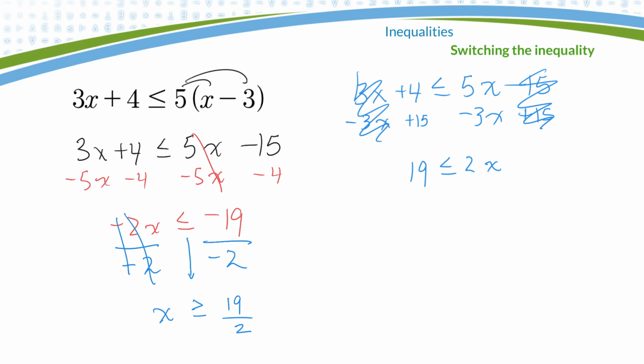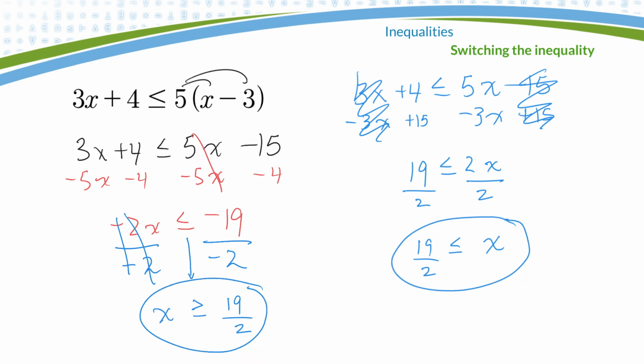So notice here, I don't have to divide by a negative, so I don't switch the sign. If I divide both sides by 2, I get 19 over 2 is less than or equal to x. And if you take a look at that solution and this solution, hopefully you can see they're the same thing. In this case, 19 over 2 is less than the answers. In this case, x is greater than 19 over 2.